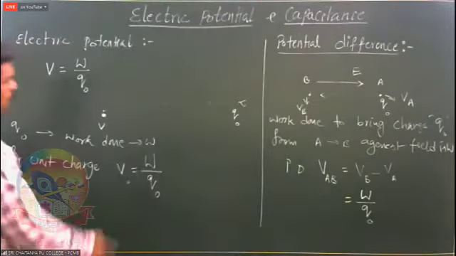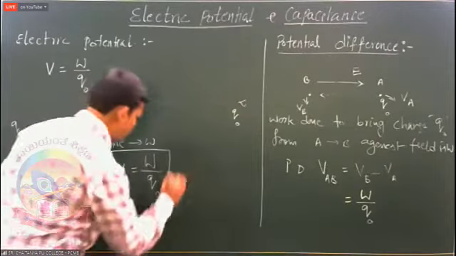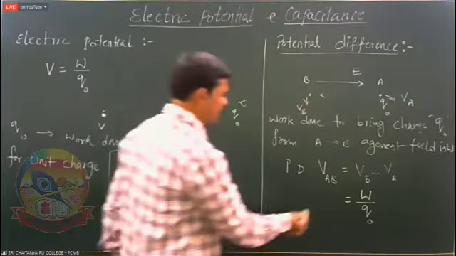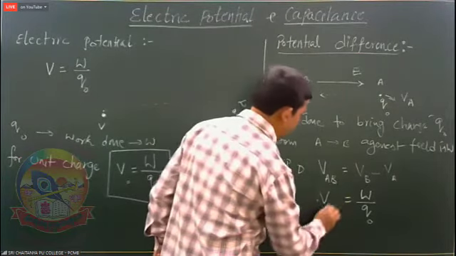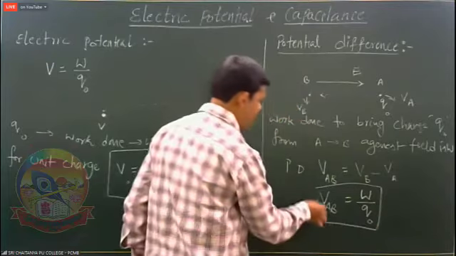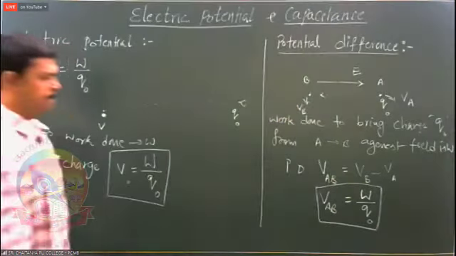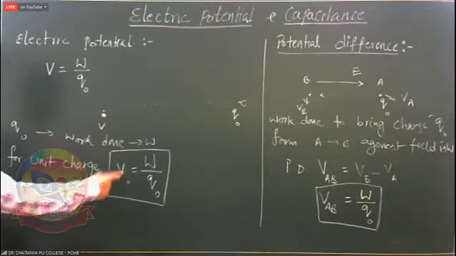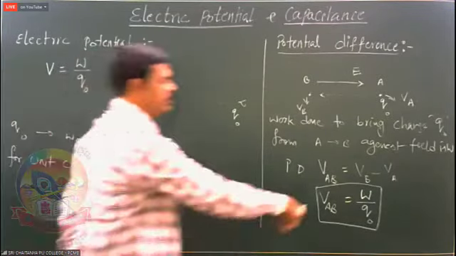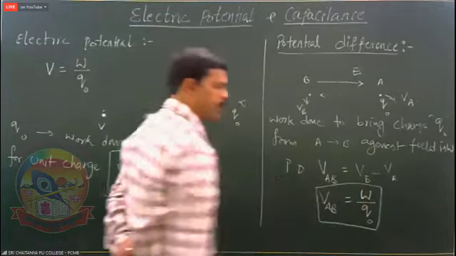If you observe the two formulas for the potential and for potential difference, this is also W by Q0, and this is also W by Q0.